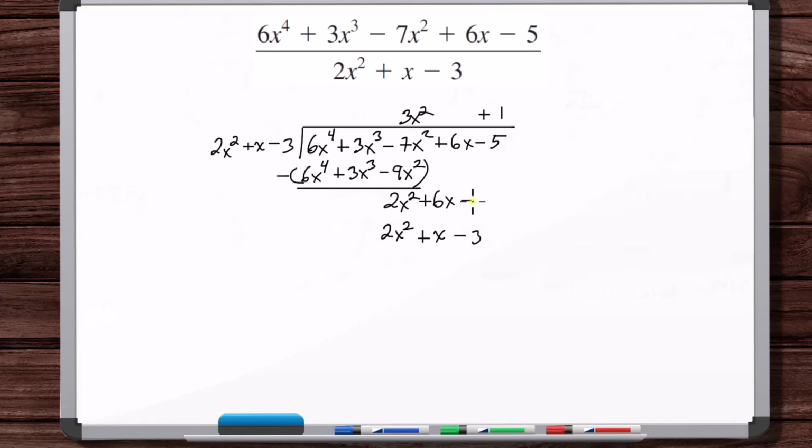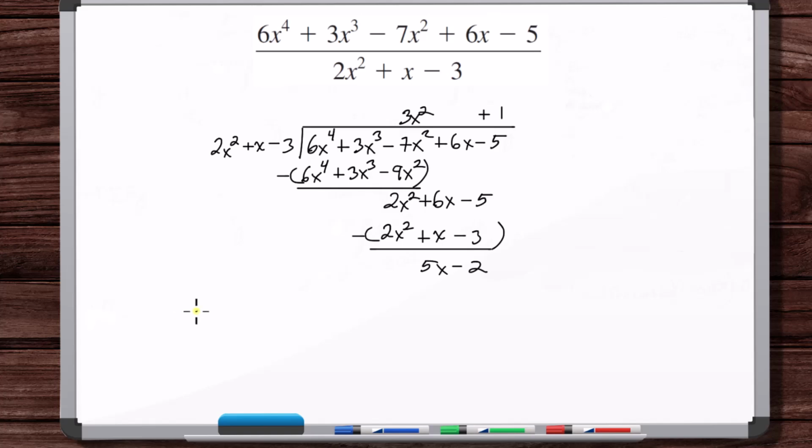And actually, okay, we can go ahead and bring this down too. So we subtract these. We've got 6x minus x is 5x. Minus 5 plus 3 is minus 2. Now, the order here is less than the order here, so we're done.